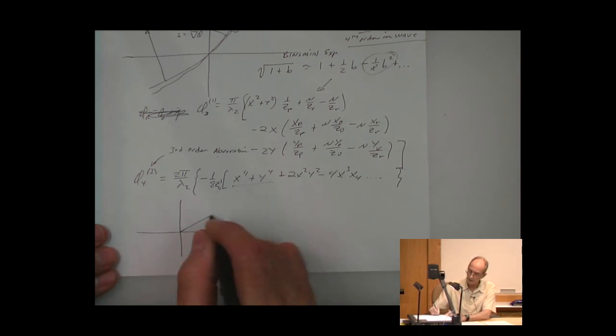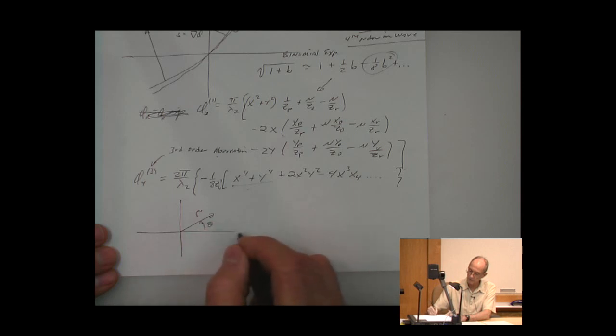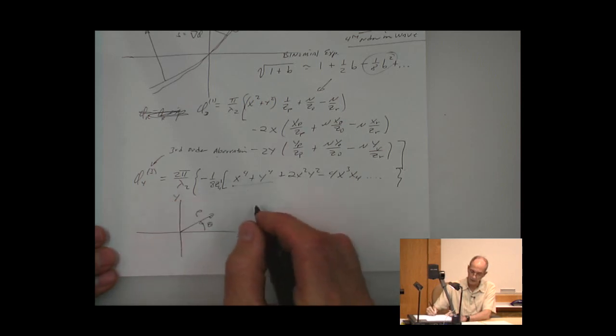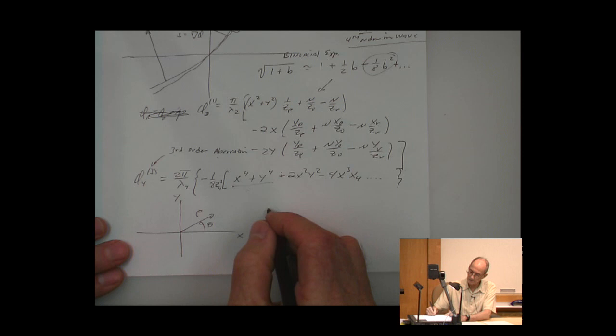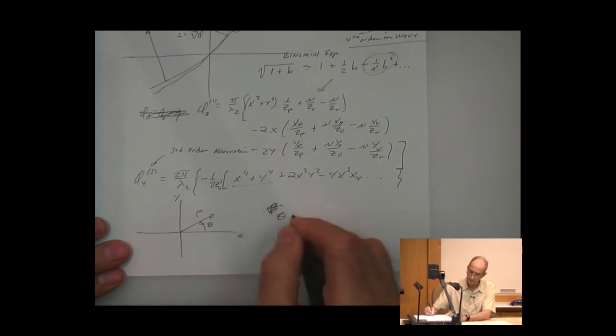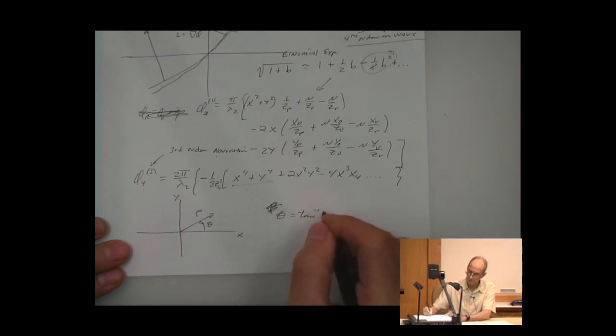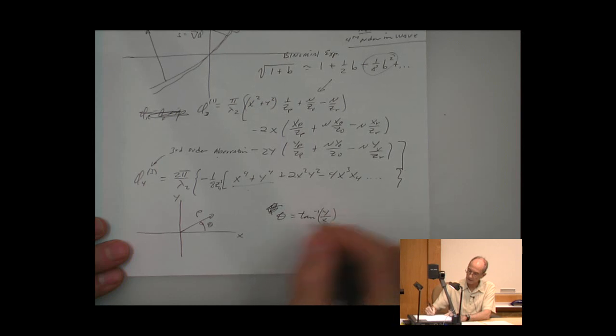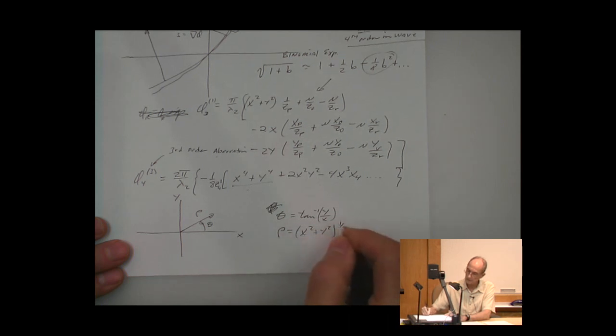So we can have a distance away from the origin and an angle theta. Here's x and y, and so theta is equal to the arctan of y over x, and the distance here, rho, is equal to x squared plus y squared to the 1/2.